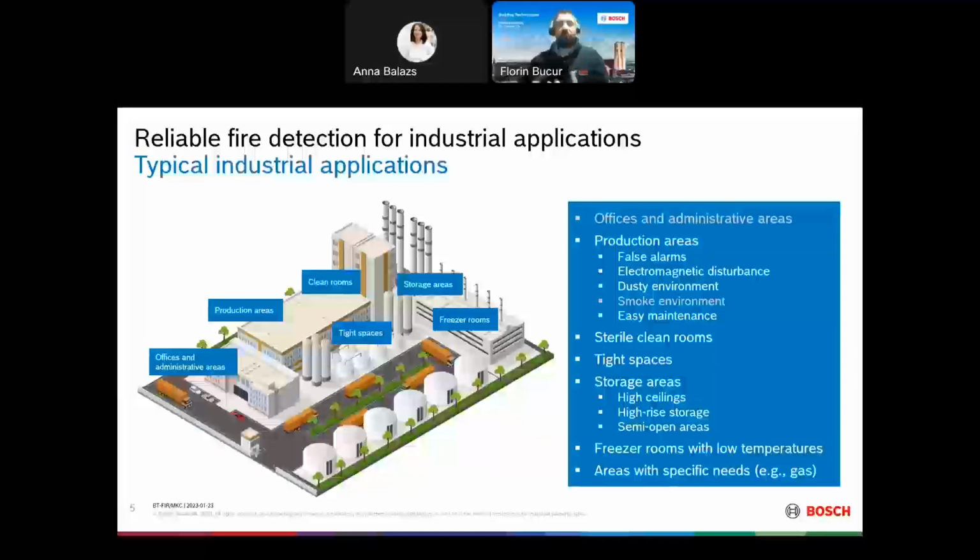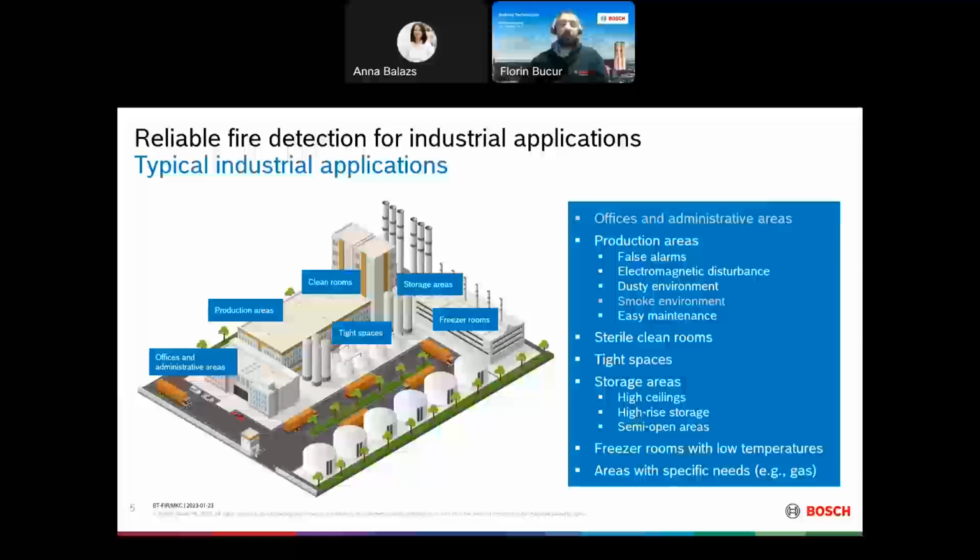Then we move to production areas. Here we have a lot of challenges, and I have to say this webinar today, which is the first in the series, barely scratches the surface. I always say industry is the thickest book in fire detection, so we're just going to cover some of these applications and challenges, not all of them.